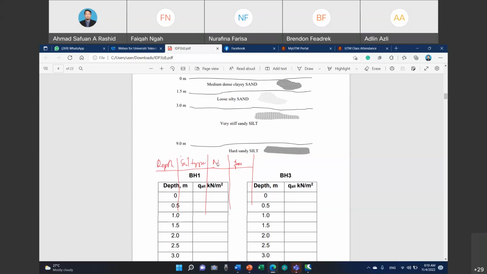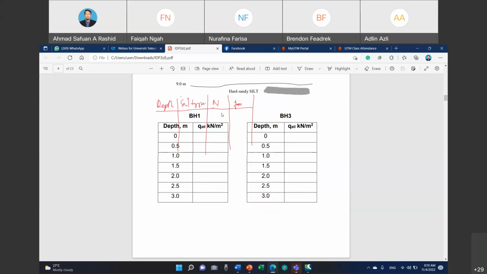So for the N value, actually you can get the Q allowable, or you need to use some relationship to get the soil properties, and then from the soil properties you can get the Q allowable, or there will be some equation which can directly convert from N to Q allowable.